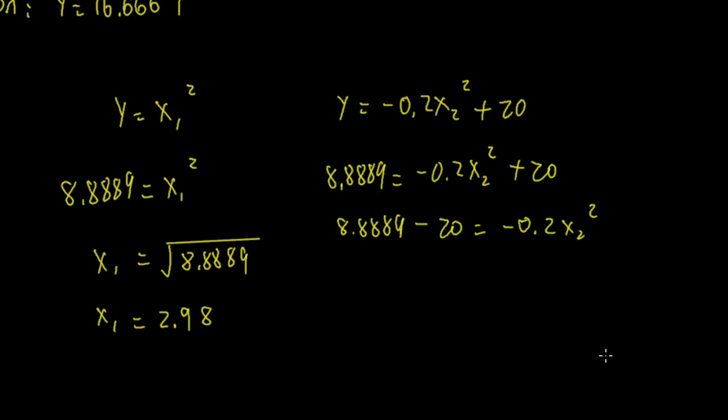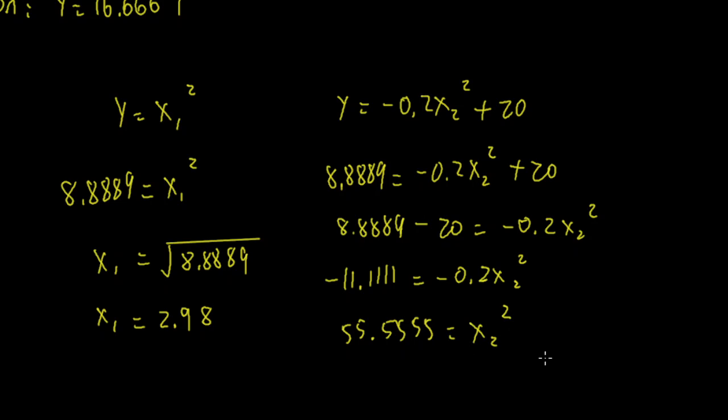Now, 8.8889 minus 20 is negative 11.1111, equal to negative 0.2 x2 squared. Divide both sides by negative 0.2. We have 55.5555 equals x2 squared.